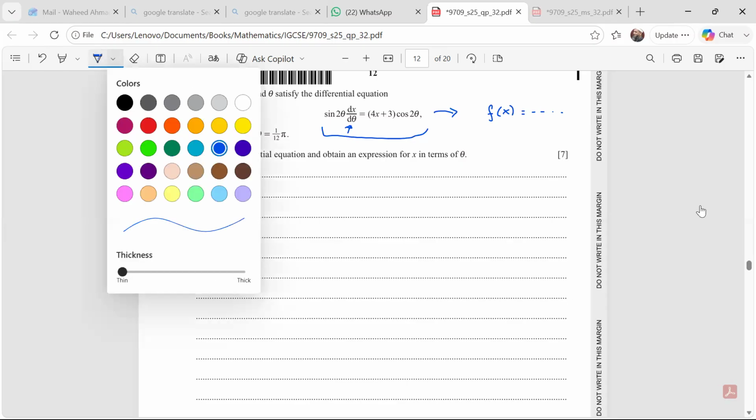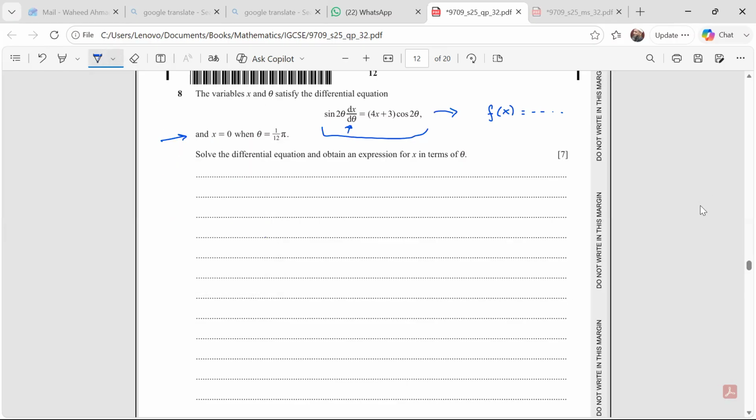This is sine 2 theta times dx by d theta equals (4x plus 3) times cos 2 theta. We will separate the variables.